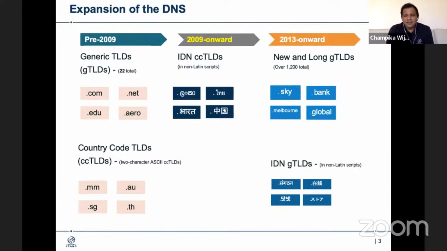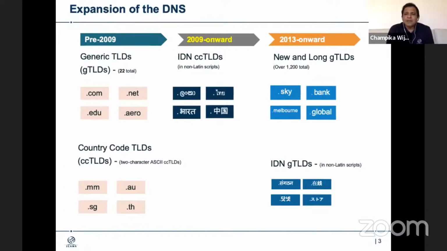I do not have an example here for Myanmar, mainly because as far as the top level domain is concerned, there is no ccTLD string in Myanmar script for Myanmar. So maybe in the future we can get a ccTLD IDN string for Myanmar as well.